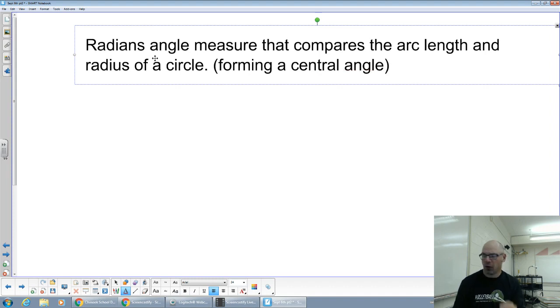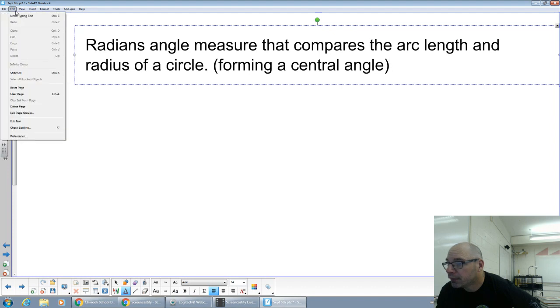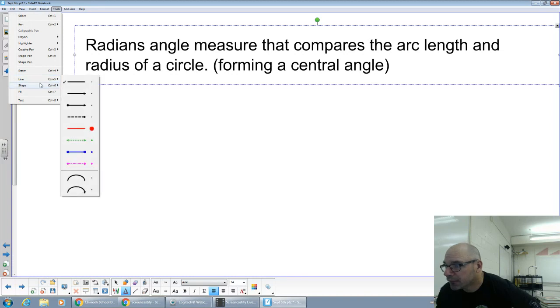So it looks something like this. Let's pop the tools up here, and I'll draw a little circle. Insert shape.